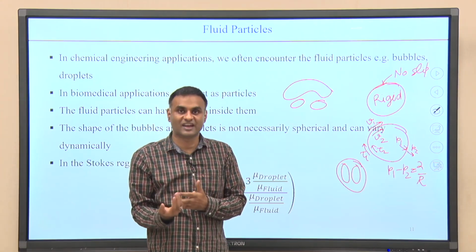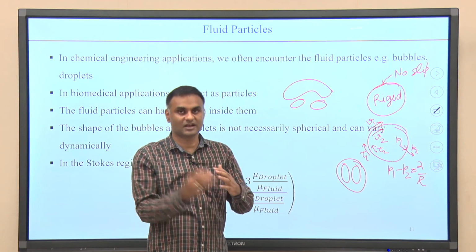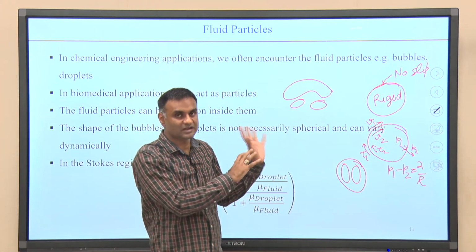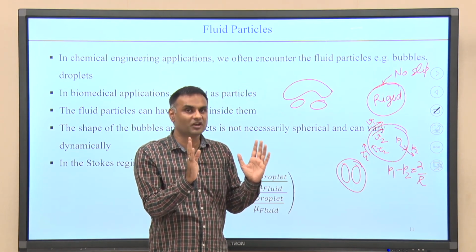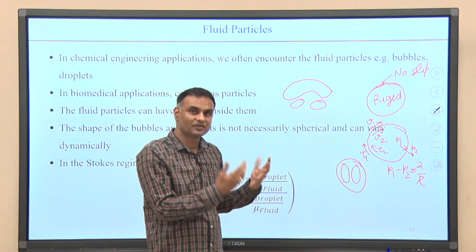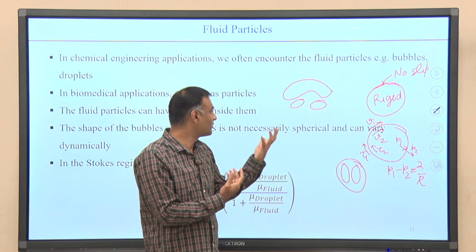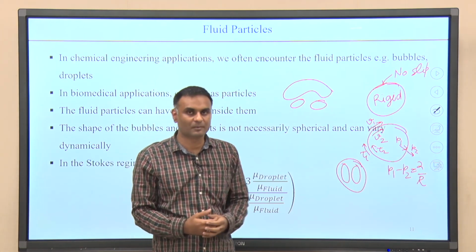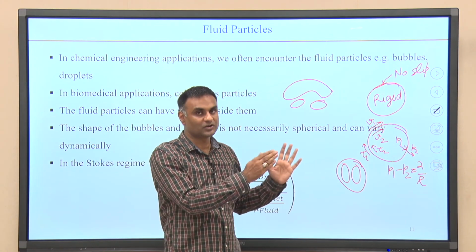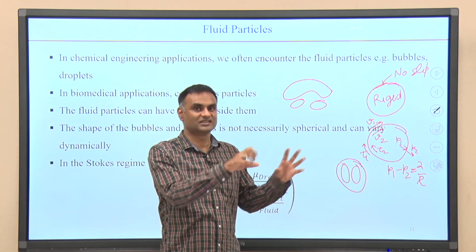So, the shape changes dynamically, and when the bubble shape changes, again the flow changes. So, it is a very transient phenomenon, and these are some of the things that one might be looking into, say, for the interaction between bubbles. So, there are a number of such problems that one can look into as a research problem.